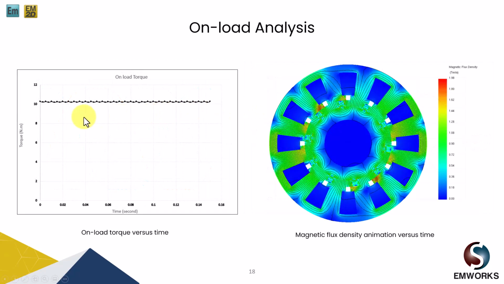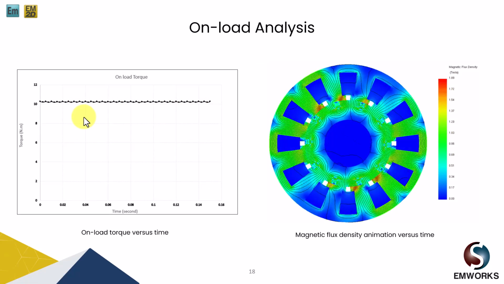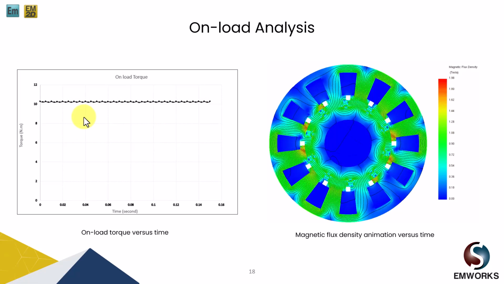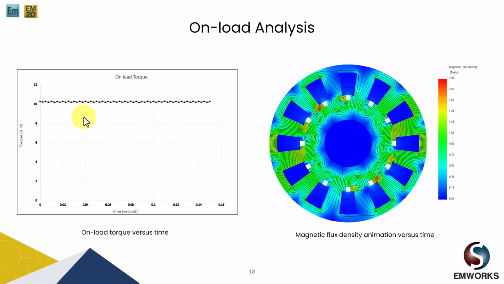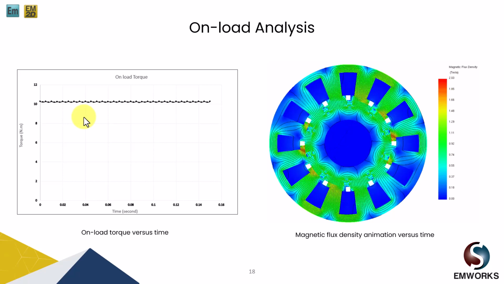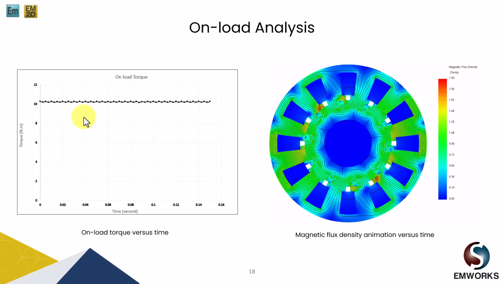We obtained its on-load analysis, and it was interesting to see here that the overall torque density of the motor has increased. In the previous conventional surface mounted PMSM we got around 6.3 Newton meter, but now we get around 10.1 or 10.2 Newton meter torque.